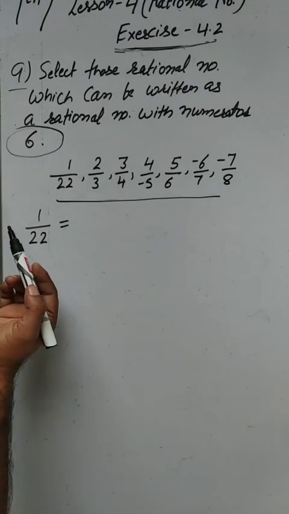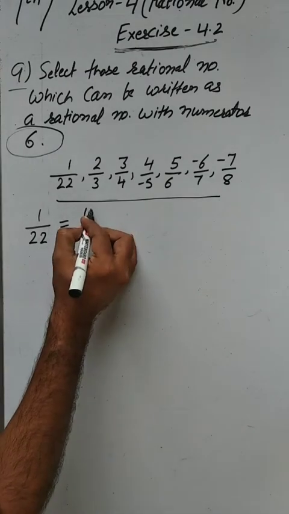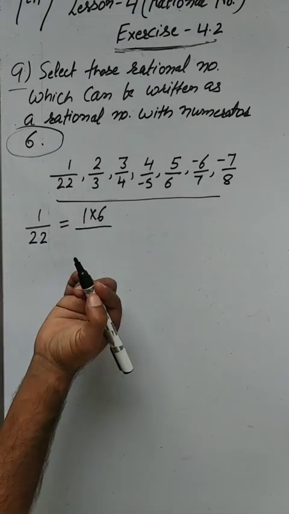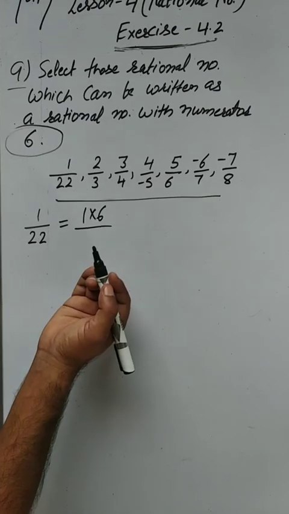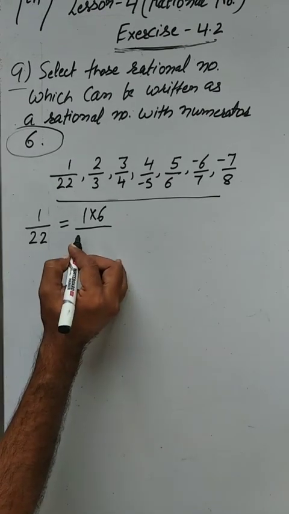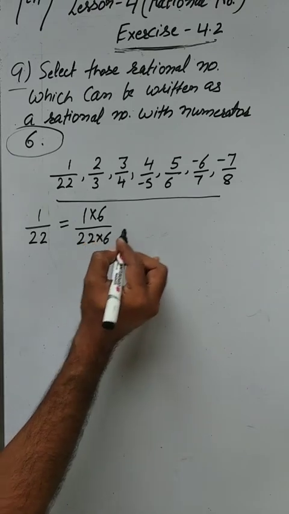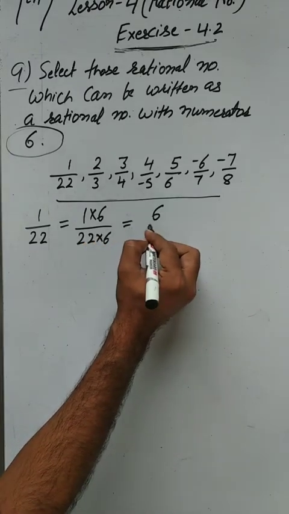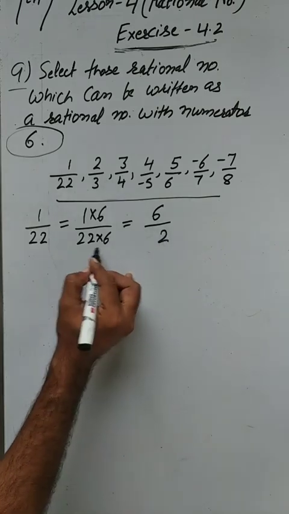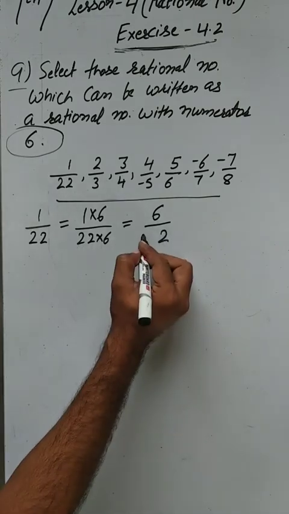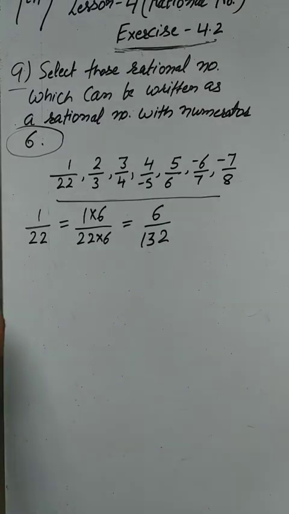Can I change 1 into 6? Yes. If 1 is multiplied by 6, the numerator will be changed into 6. Similarly 22 multiplied by 6. So the numerator is 6. 6 2s are 12, 6 2s are 12, 12 and 1 carry, 132.